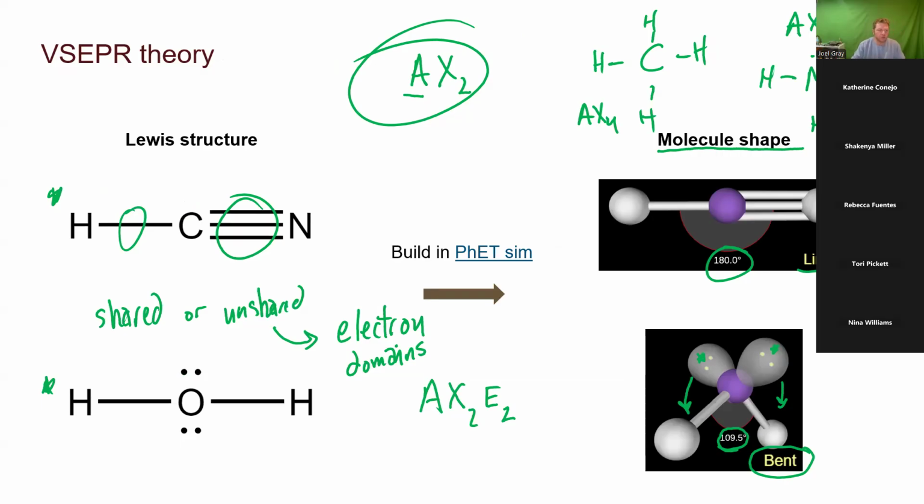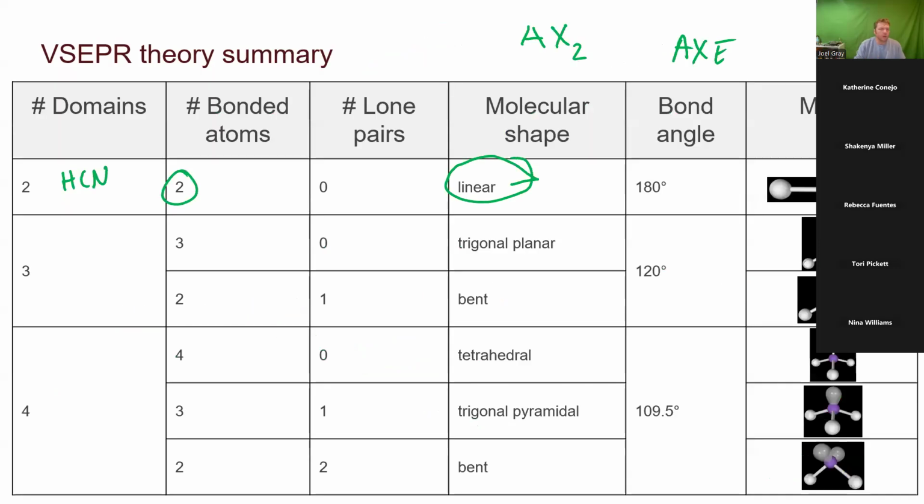It's a great question. So if we were to look at something like carbon dioxide, I'm going to draw carbon dioxide in just a moment. So this would be AX2.